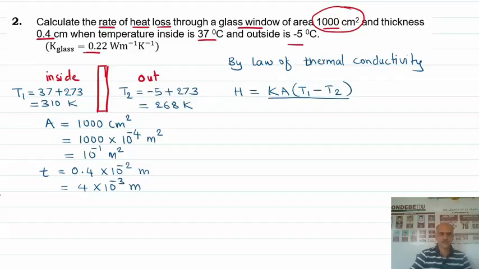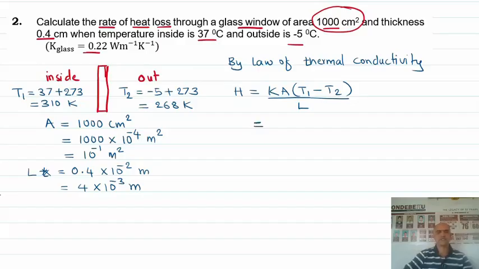Thickness, instead of t as per the formula, I will write as L. So H is the rate of heat flow, that is heat by time. K is given in the bracket, A we have calculated in meter square. Then T1 minus T2, you can substitute, and you will have the answer.